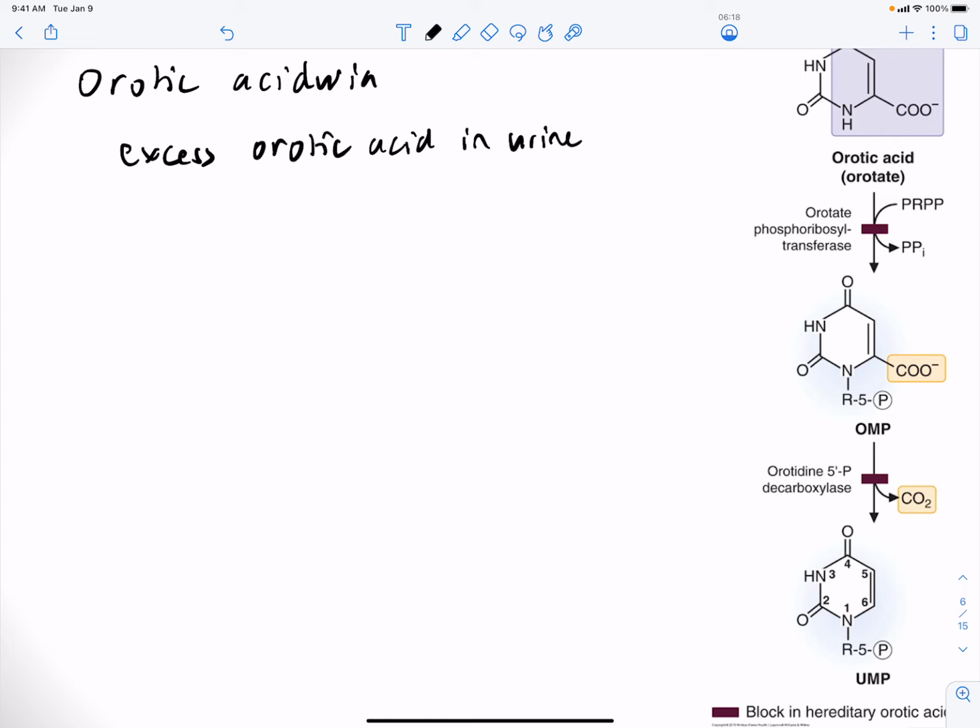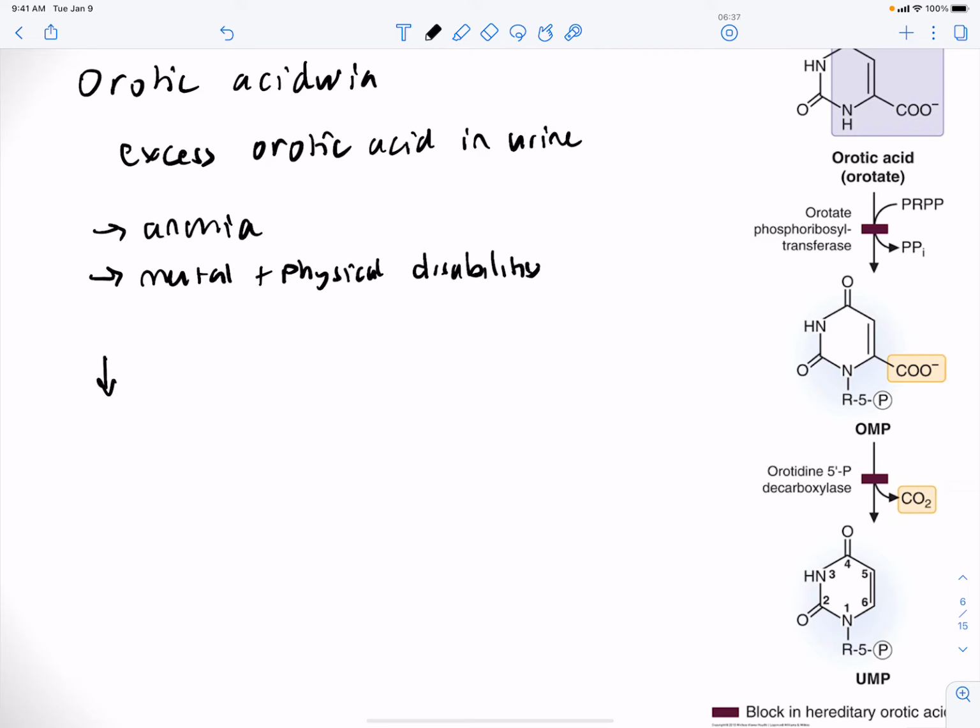And this is associated with anemia, mental and physical disabilities, and you have a decrease of pyrimidine synthesis.